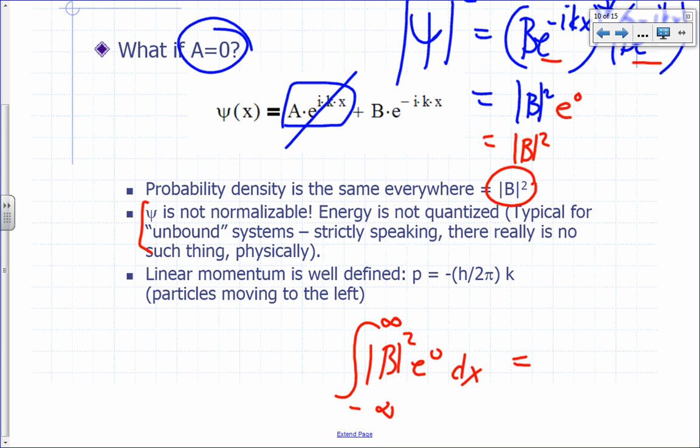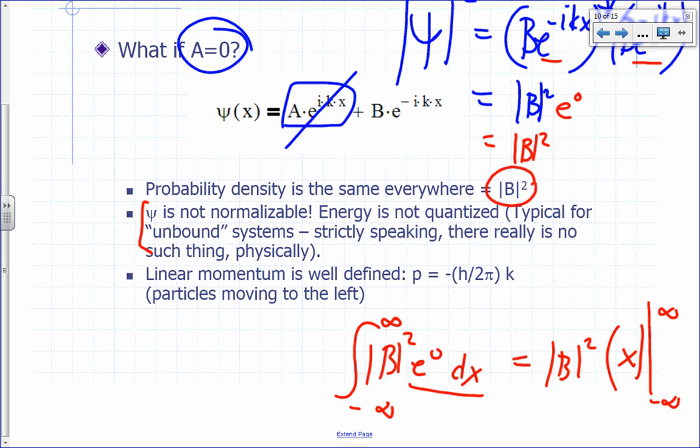What's the integral of dx? It's just x, right? Evaluated from negative infinity to infinity. That's infinity minus negative infinity. It's not normalizable. Okay? Your psi here is not normalizable. All you know is psi is uniform throughout.